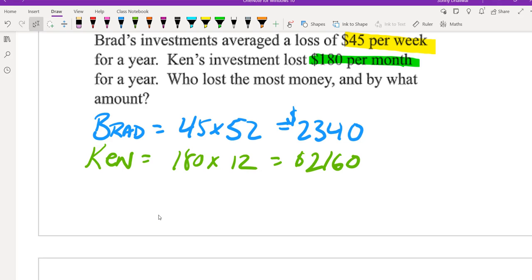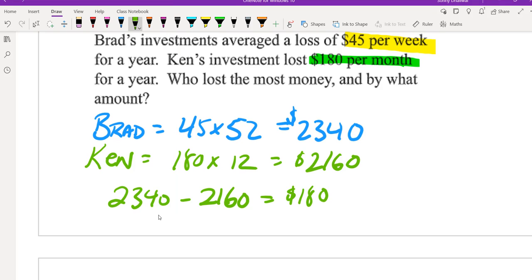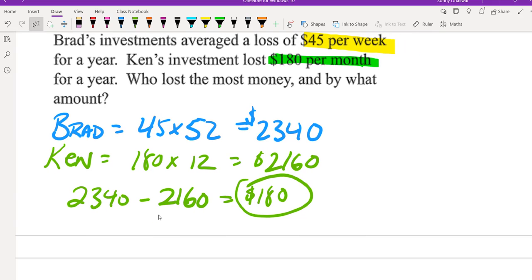To find the difference, we subtract. So we go 2,340 minus 2,160. And we just use a calculator for that. And we get 180.